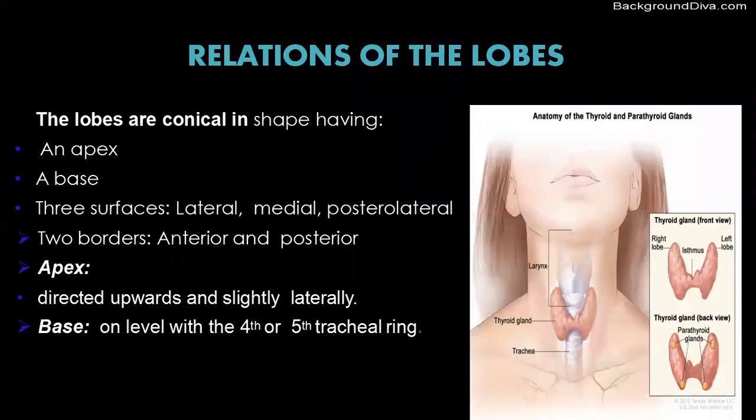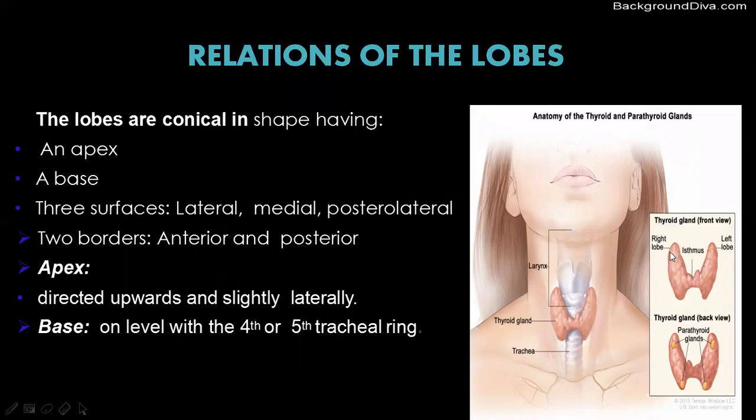Next we'll see the relations of the lobes. The lobes are conical in shape. You can see the shape of the lobe is conical, and these lobes have an apex and a base. The upper portion is the apex and the lower part is the base.